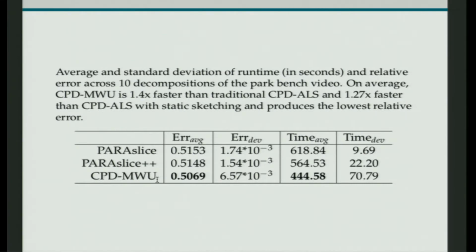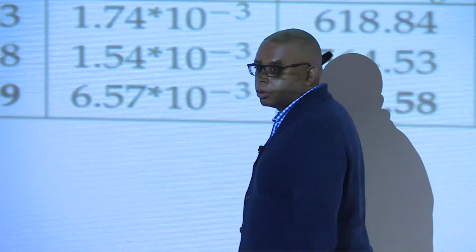The optimal fixed sketching rate, because remember, prior to this we were using one fixed sketching rate. So how would you choose that? Well, you can cheat: run for a whole bunch of sketching rates and pick the one that gives you the best error. That's what this line corresponds to.